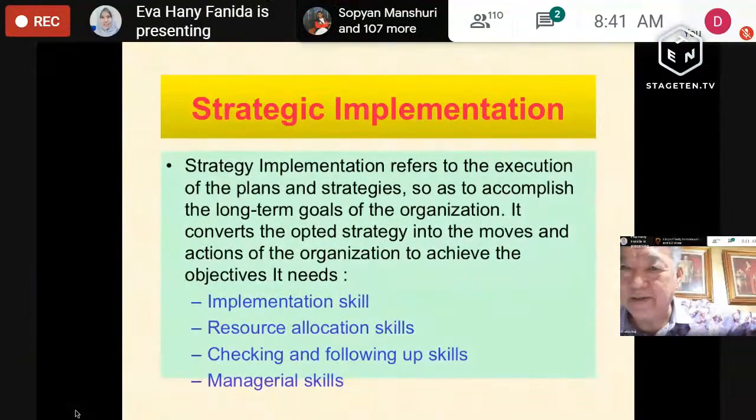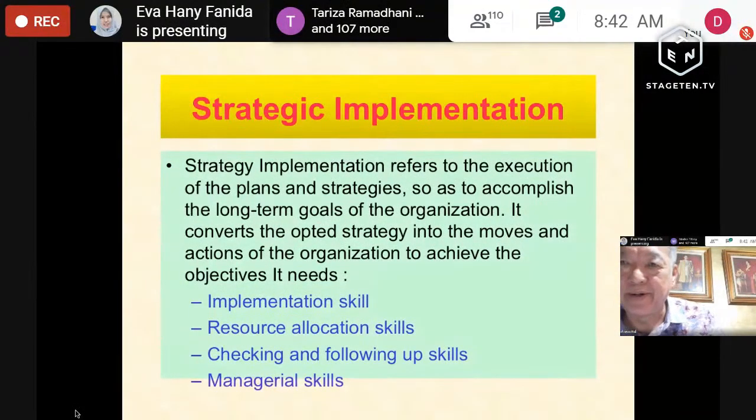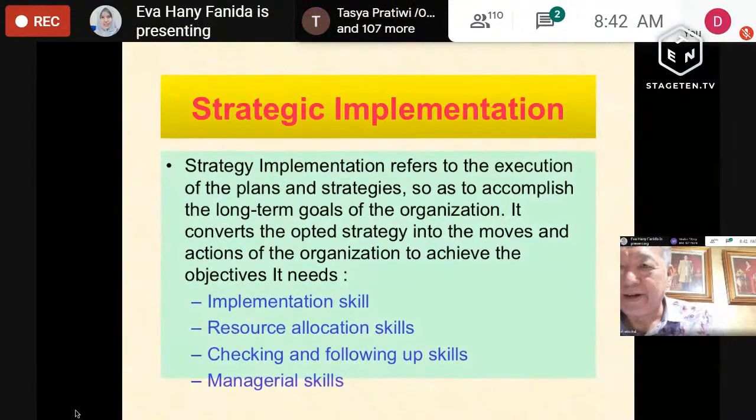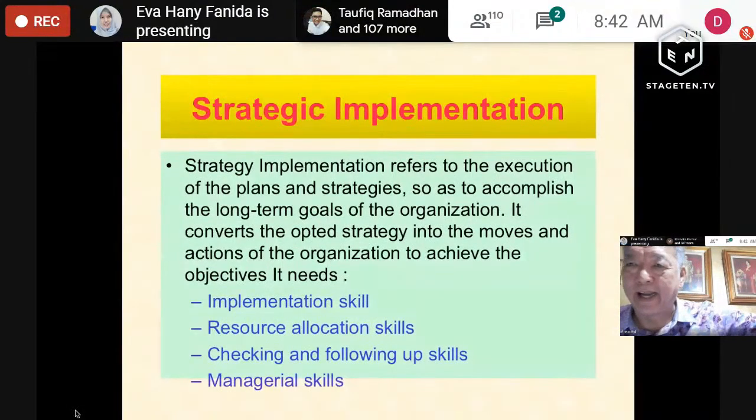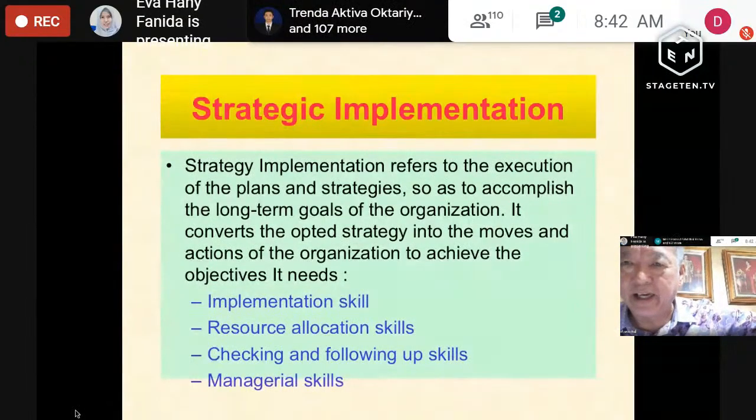Okay, so when we have already set up the strategy formulation, then we try to make it realistic to implement it. So it means executing or implementing plans and strategy to be successful in making the strategy realistic.